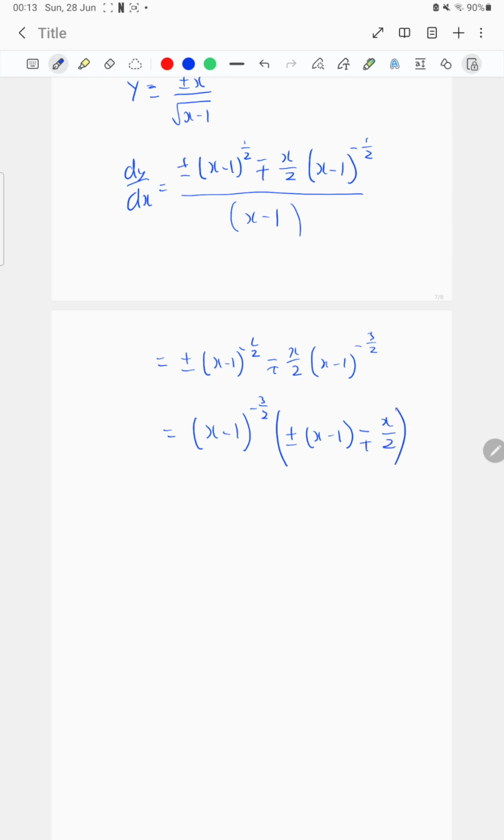Again, it's the same thing, because minus 3 over 2 plus 1 is minus 1 over 2.